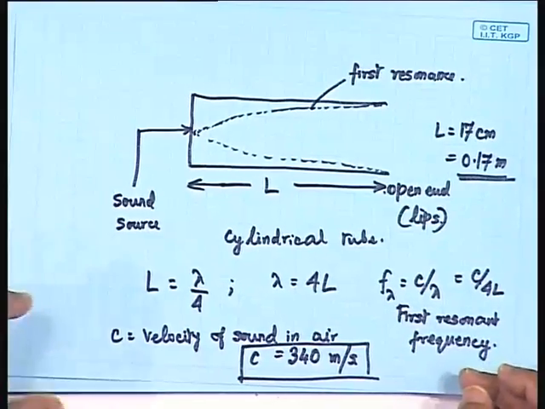Well, that is a big question: how can we take L to be 0.17 meters always? As I was telling you, the vocal tract being a highly articulatory organ, we will always have some changes in its shape. First of all, this 17 centimeters can vary from one person to the other, that is to say, the nominal distance between the larynx and the lips can vary from person to person.